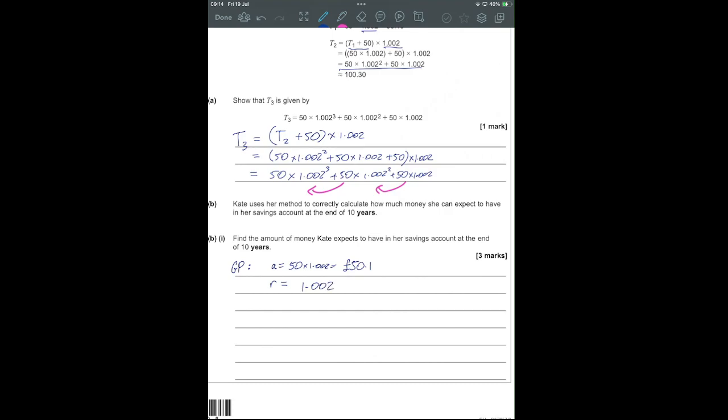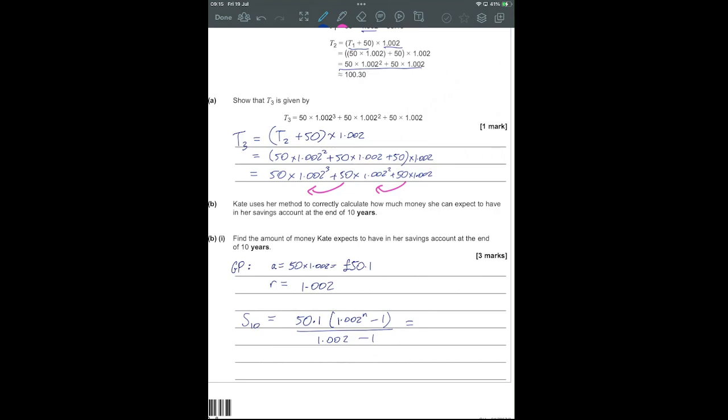So if I want my amount of money after 10 years, I'm adding up 10 of such terms, and the formula is a times r to the power of n minus 1 over r minus 1. And that's in your formula booklet.